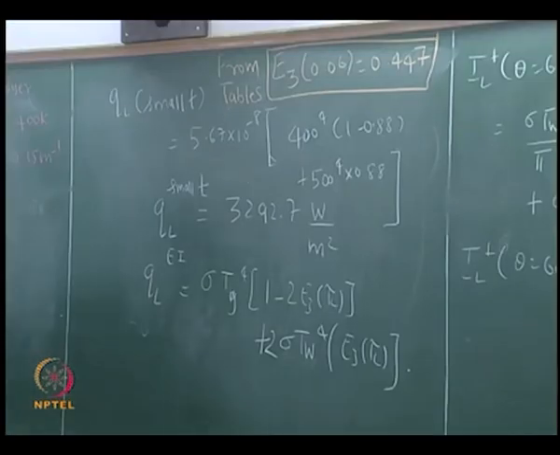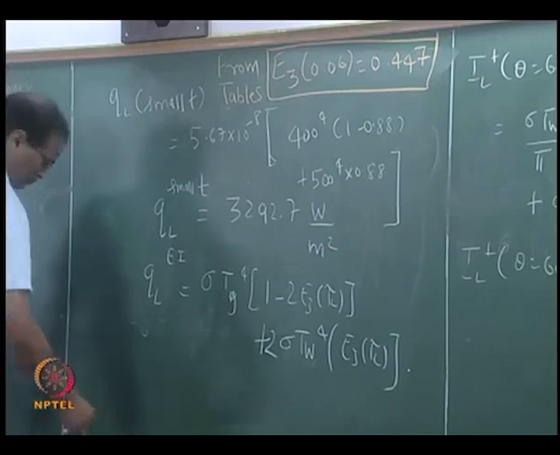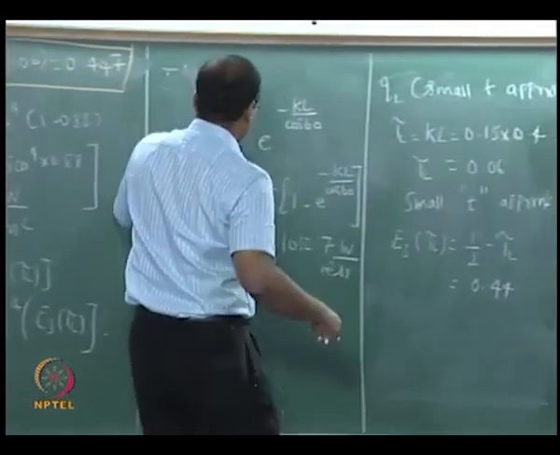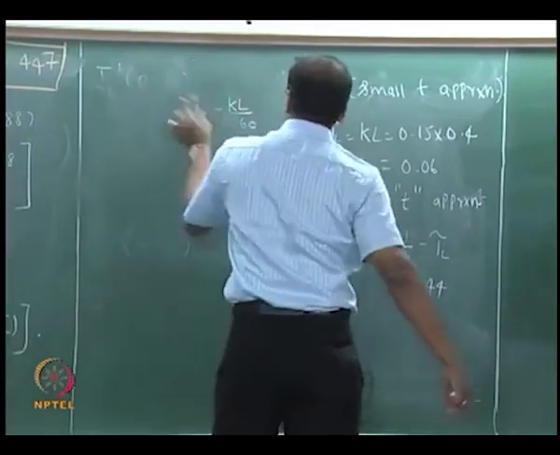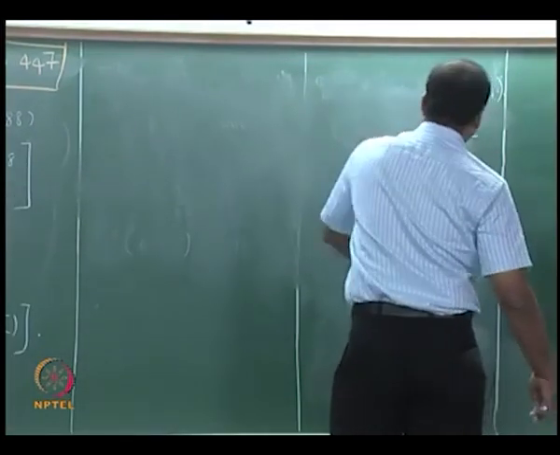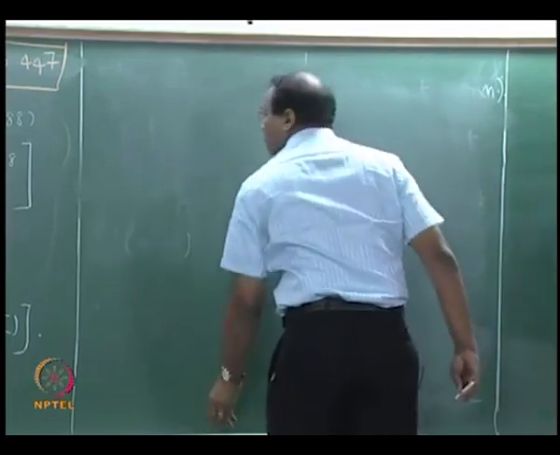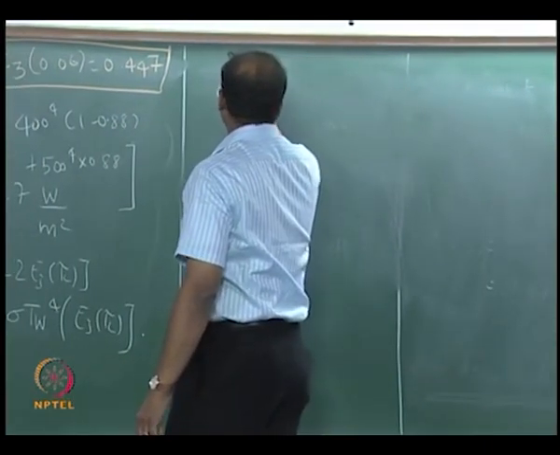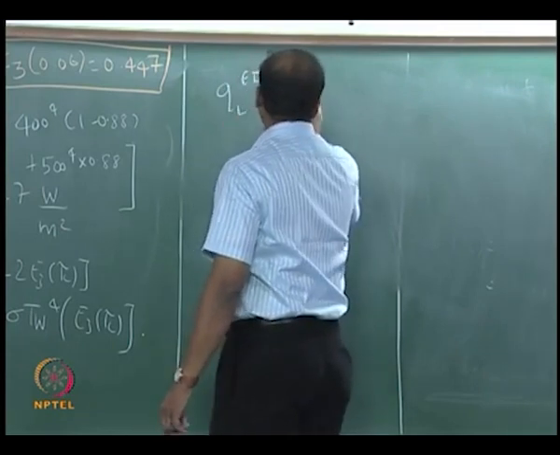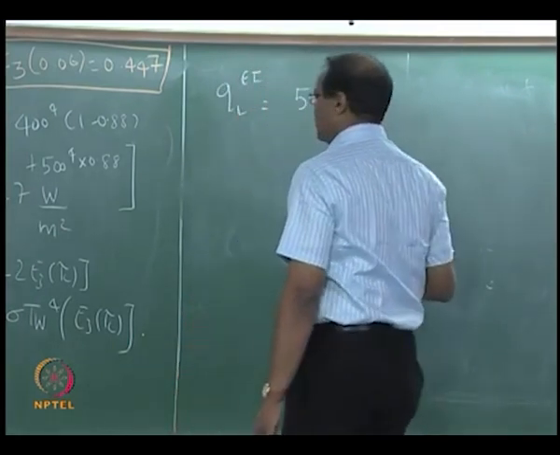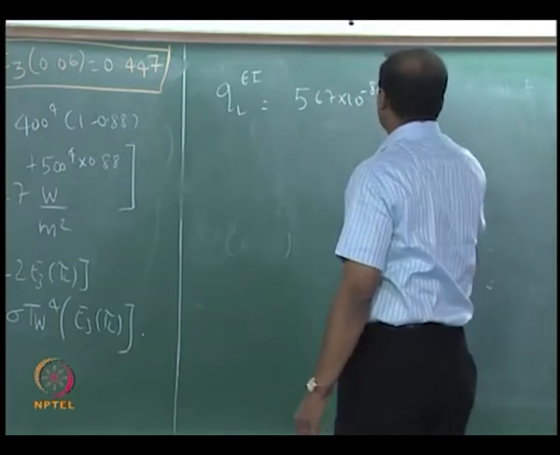Correct? Now we can use this QL. What was TG? 400.